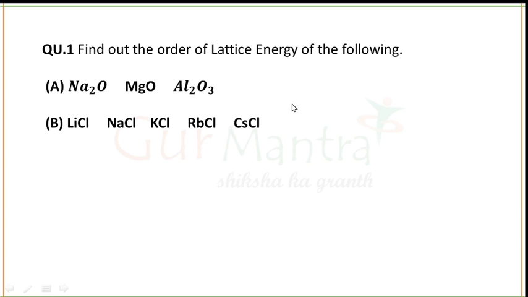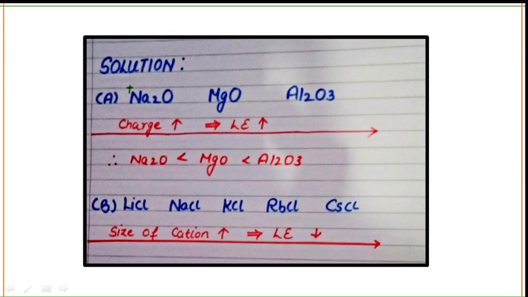Okay guys, let's see the solution for the following question. Number 1 is Na2O, MgO, Al2O3. When you move along the period, the charge is increasing. So if charge is increasing, the lattice energy increases, and the order comes out to be this.